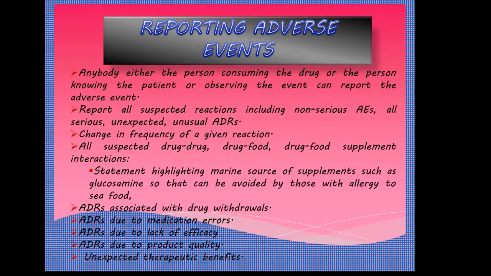Then unexpected therapeutic benefits. So unexpected therapeutic benefits is something like, for example, I am giving one example. If you are taking paracetamol for fever, but suddenly that particular brand of paracetamol is causing hair growth.